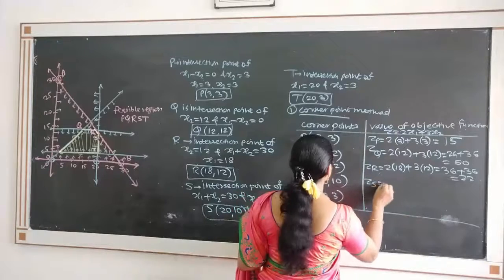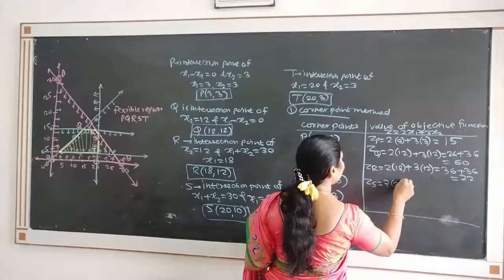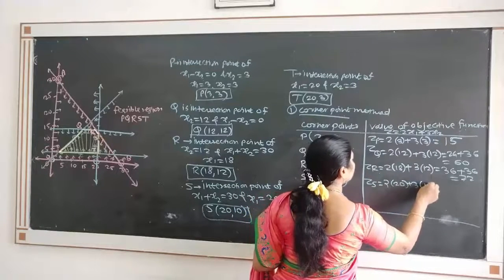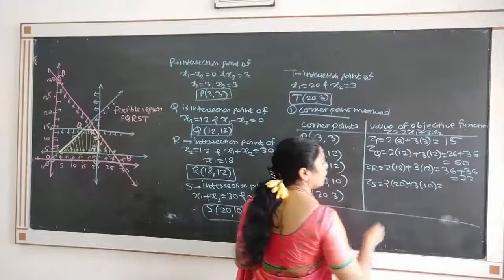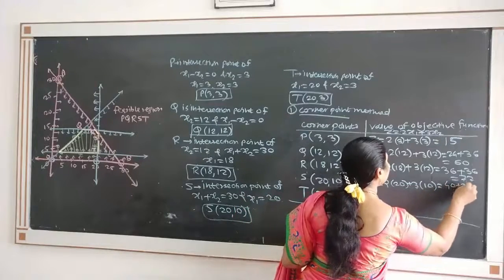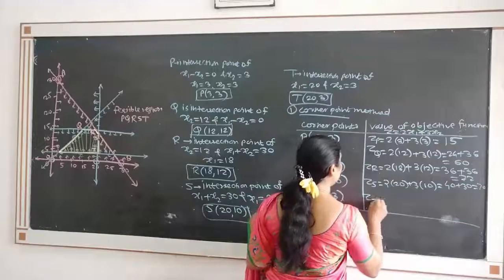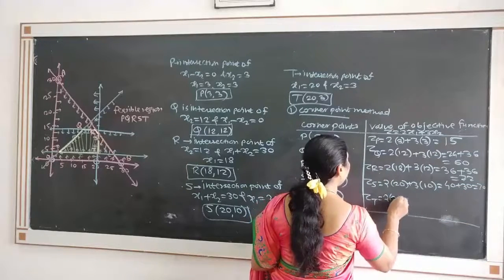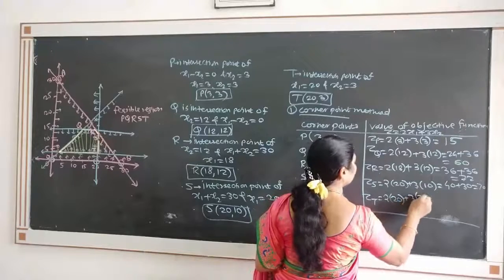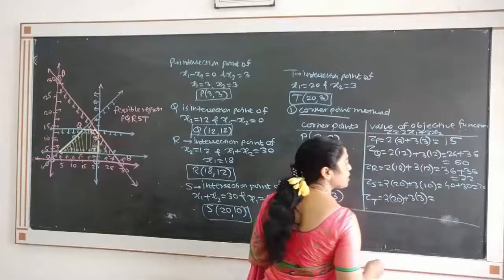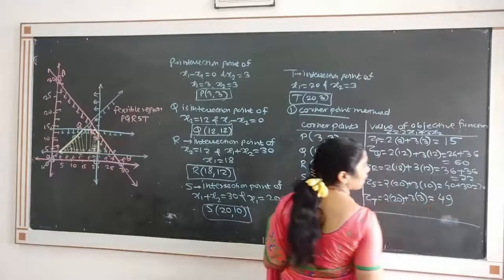Z at S, that is 2 into 20 plus 3 into 10, that is 40 plus 30, 70. And Z at T, that is 2 into 20 plus 3 into 3, 40 plus 9, that is 49.